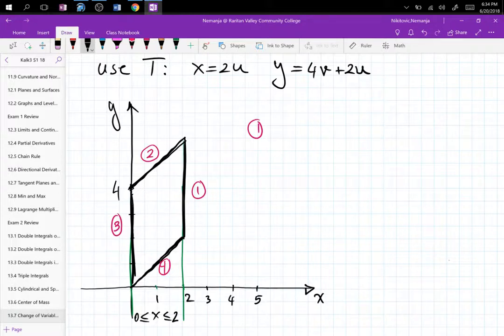No, the problem clearly says that x is between 0 and 2. You can't change that. You have your 1, 2, 3, 4. Oh, you can put them in any order. Yeah, you can start your number 1 over here and then go clockwise if that makes you smile on Wednesdays.